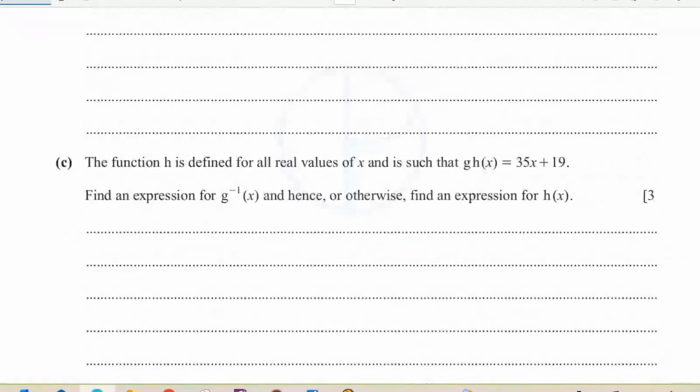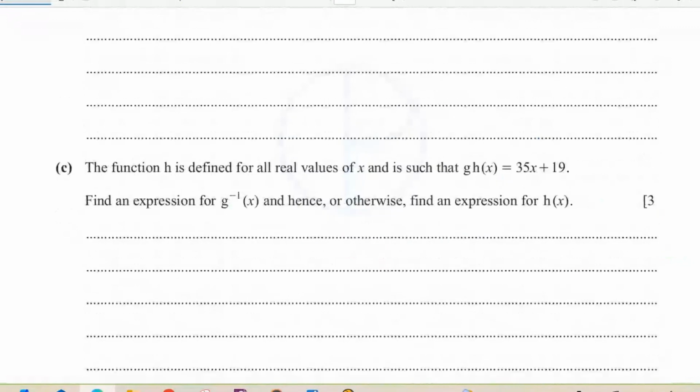Next part of the question is, the function h is defined for all real values of x and is such that gh(x) equals 35x plus 19. Find an expression for g inverse of x, and hence or otherwise find an expression for h(x).